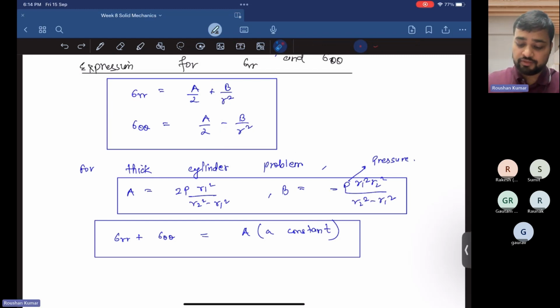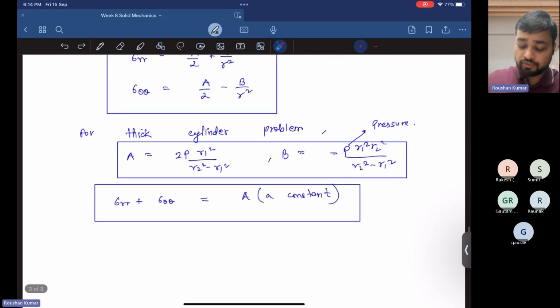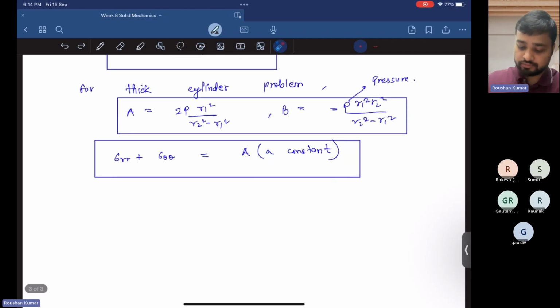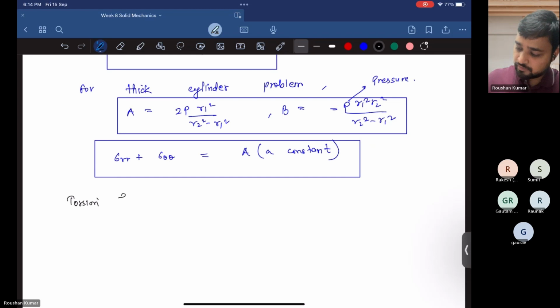Okay. The next thing which I want to discuss, which is already discussed in the second lecture, that is lecture number 21, which is based on torsion, that is the equilibrium equation, solving the governing equation for the case of torsion. So first of all, I would like to show you the formula for the torsion, which is called the torsion formula.